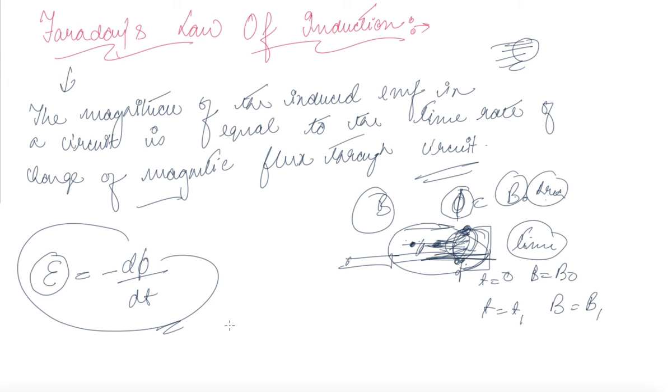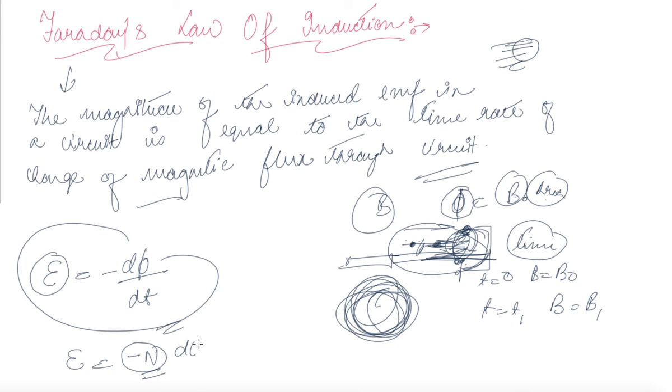And if you look at the total expression, if this is my one wire, if I take a numerous number of turns of wire, what I will see is E is actually given as minus N, that is the number of turns in the wire, times d phi by dt. So this is the total induced EMF that has been generated. And this is known as Faraday's law of induction.